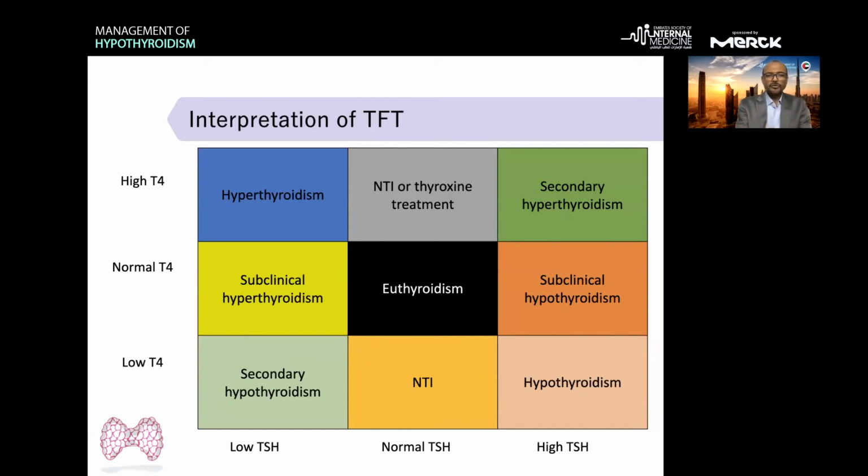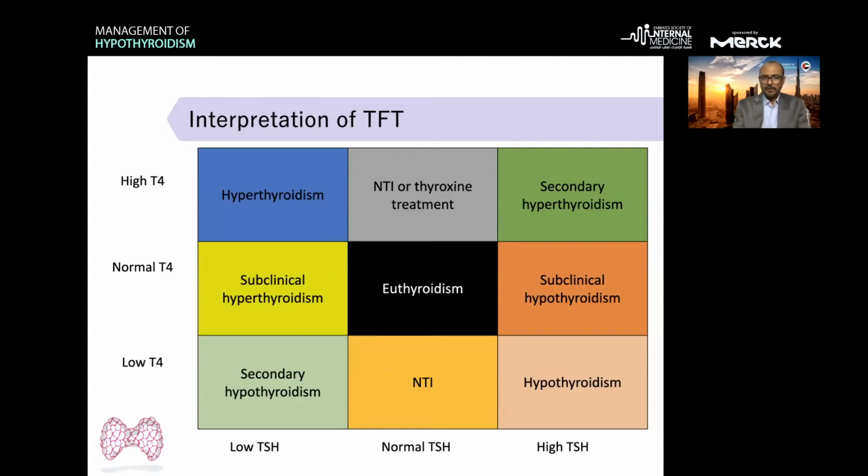So you need to look at these boxes based on where normal TSH and normal T4 meet, and that gives you euthyroidism. So in cases of hypothyroidism, you will have high TSH and low T4. And that's exactly what this patient has.